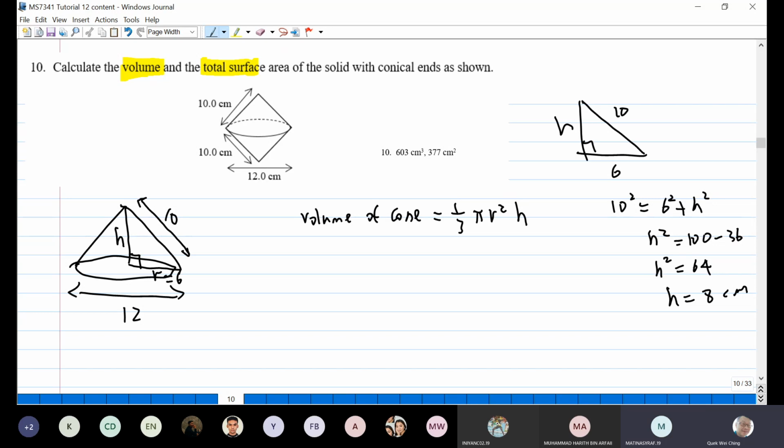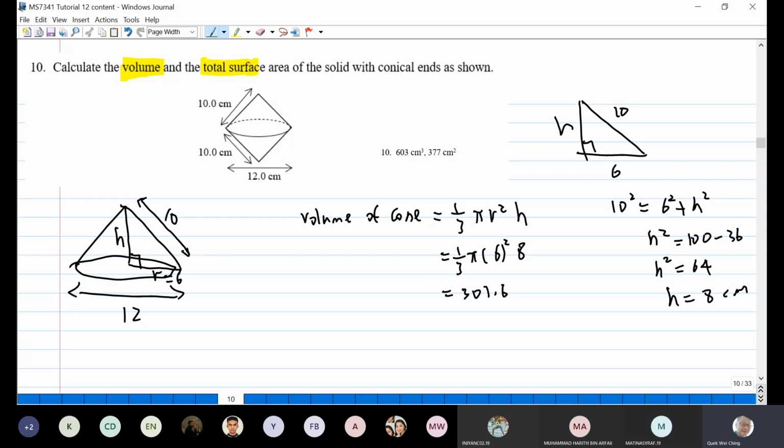So volume of one cone is 1/3 pi, r is 6 square, h is 8 here. So this is actually 36 times 8 here, then divide by 3, then times pi. Okay, this will give you 301.56 here.